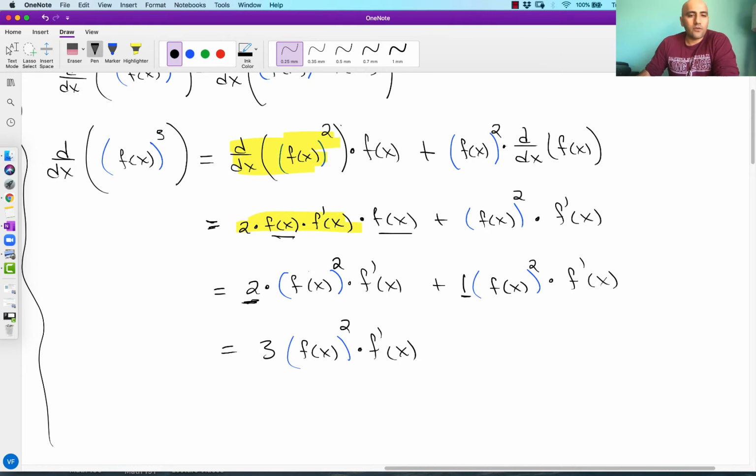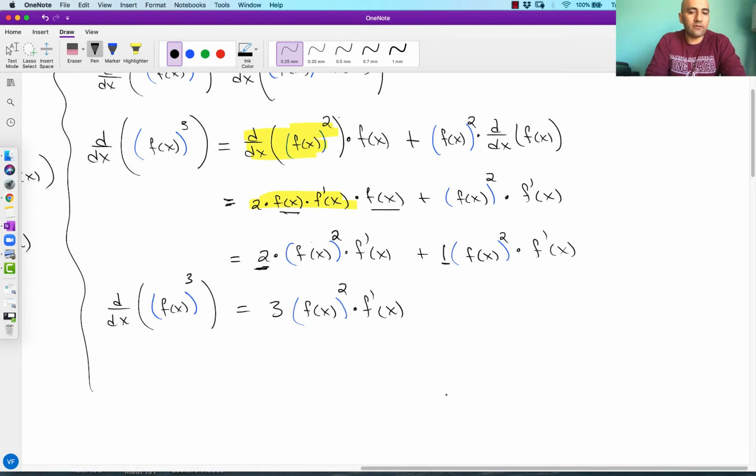Good. And so this is equal to the derivative of f of x cubed. Okay, so the derivative of f of x cubed is equal to 3 times f of x squared times f prime of x. Okay, so maybe we start to suspect the pattern.